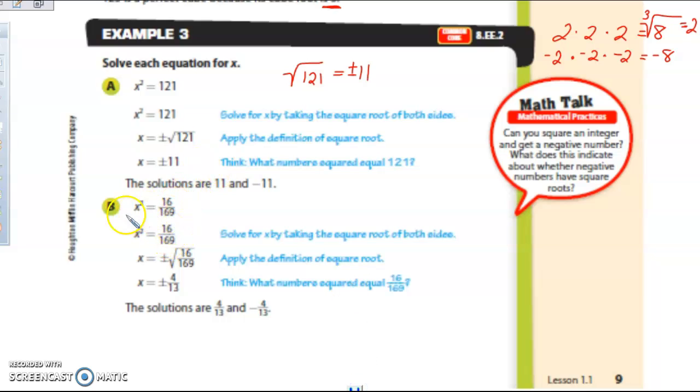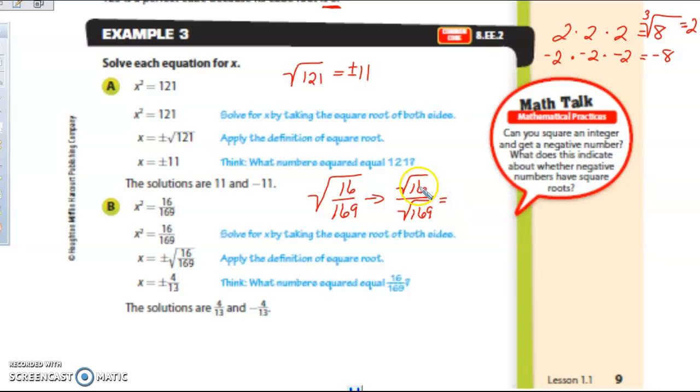This one here is a fraction form. And so when we're saying we want to find the square root of the fraction, what we're talking about is I want to know what the square root of the numerator and what the square root of the denominator is.